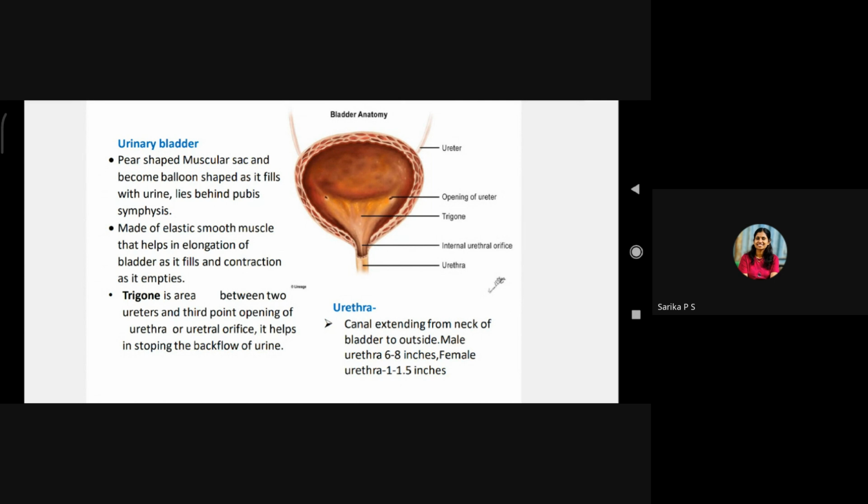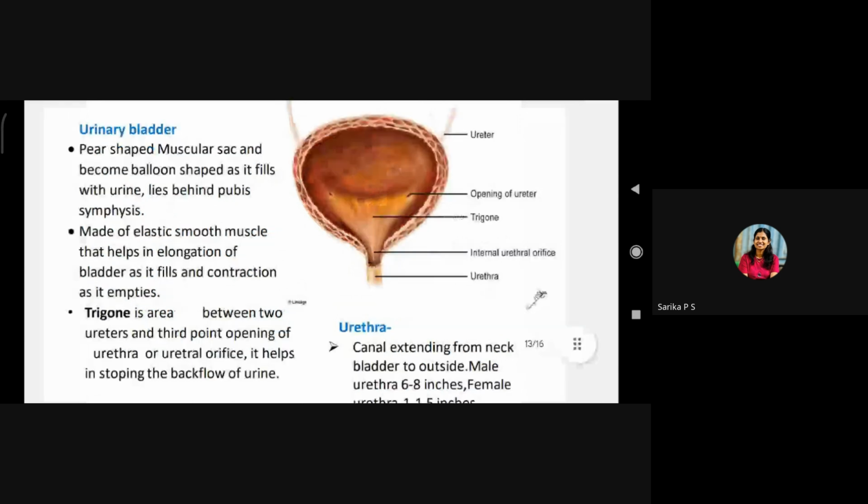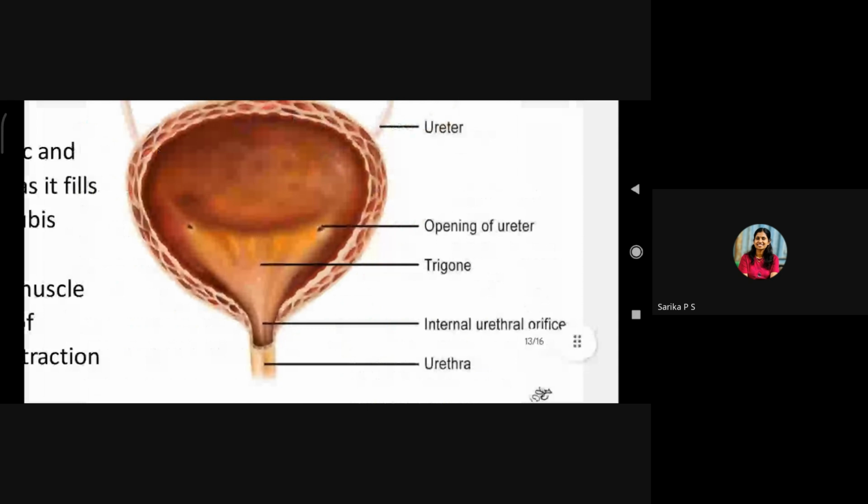Now, the trigone is the area between two ureters and the third opening of the urethra, or urethral orifice. It helps in stopping the backflow of urine. So you can see in this picture, it is well leveled here.